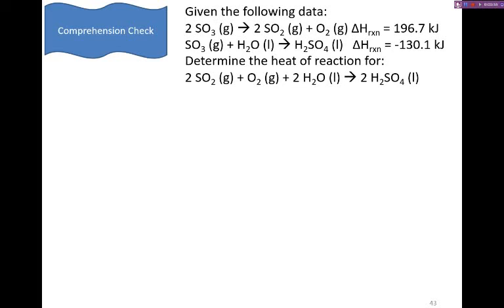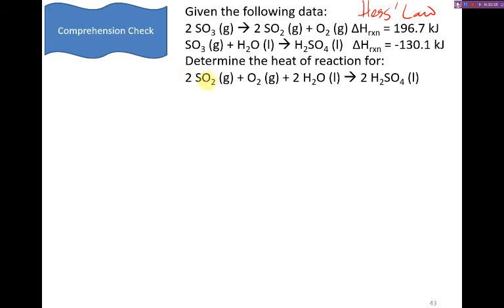Welcome back. So you're given some reactions here, and you're wanting to find the heat of the reaction. This is going to apply Hess's law. Hess's law allows us to multiply by a factor or to rearrange the equations in order to get the desired reaction.